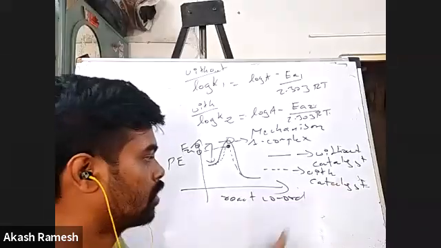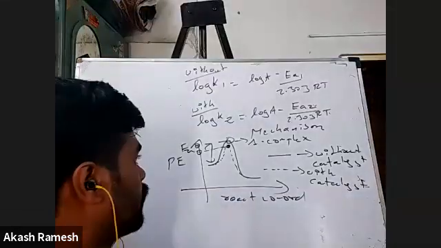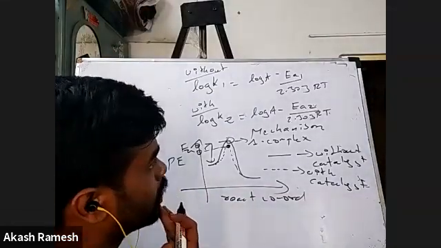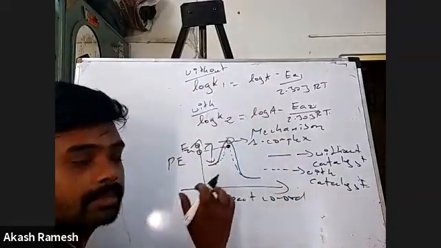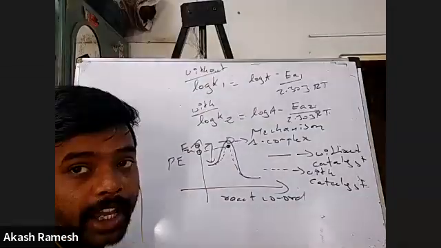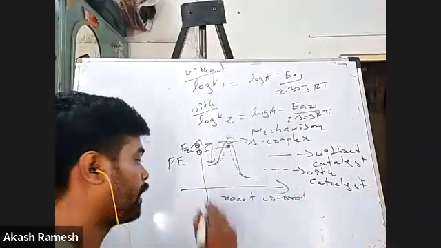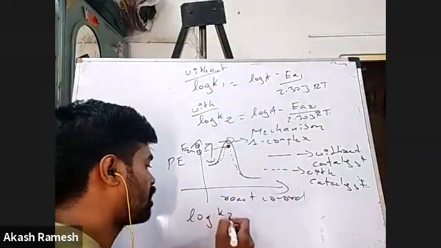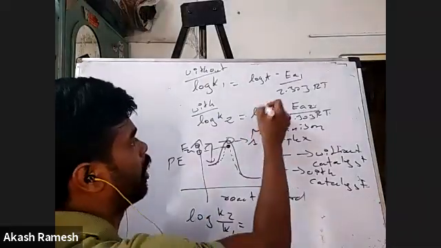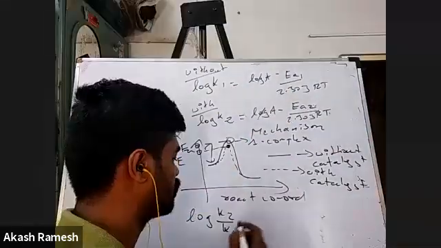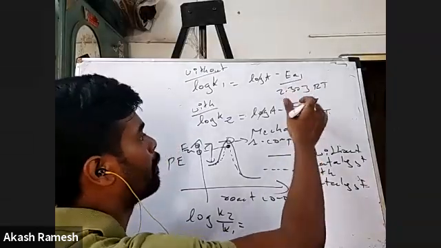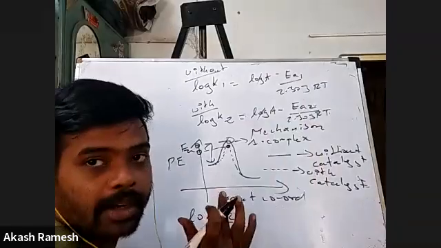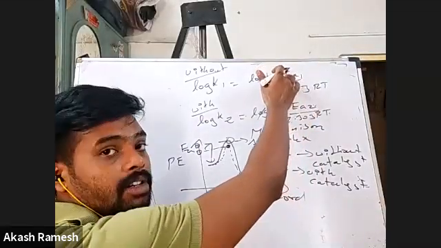So if you have taken this down, you guys can have this part. Oh, I have space down, no problem. So now what I do is I subtract this by this. That is log of K2 minus log of K1, right? So log of K2 minus log of K1 would have become log K2 by K1, and log A would have got cancelled. So what I have is minus EA2 plus EA1, because the minus sign will change to plus.